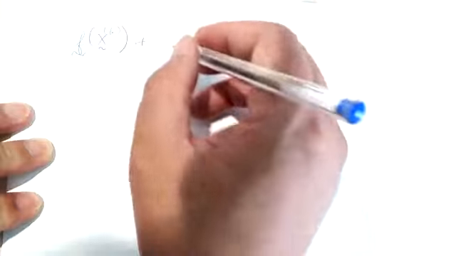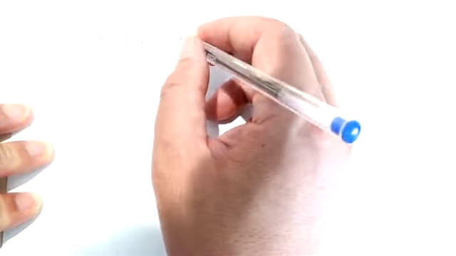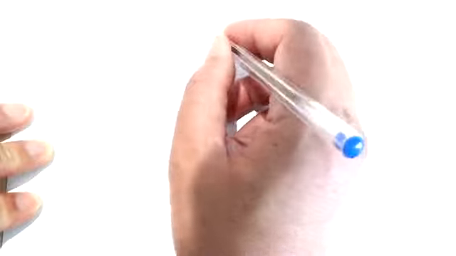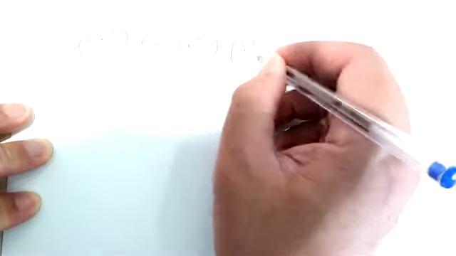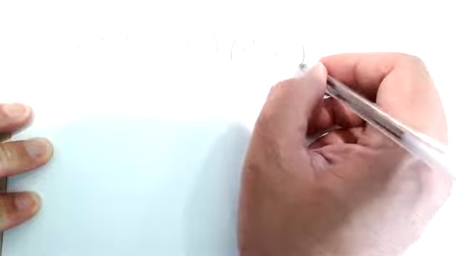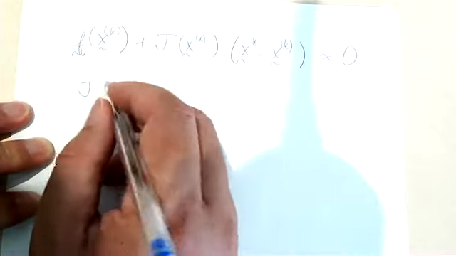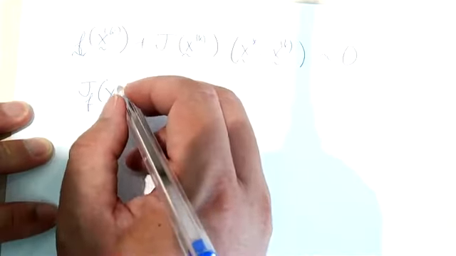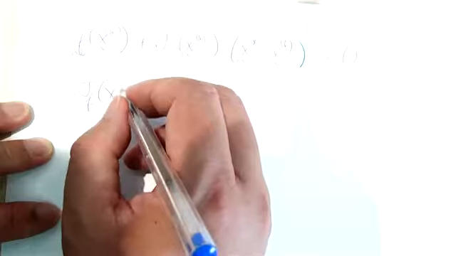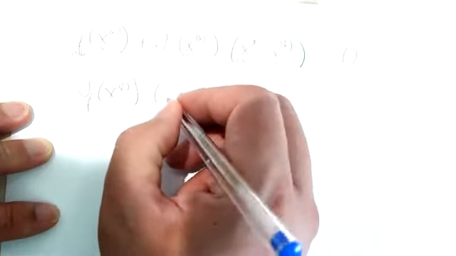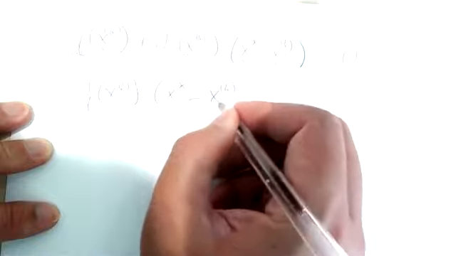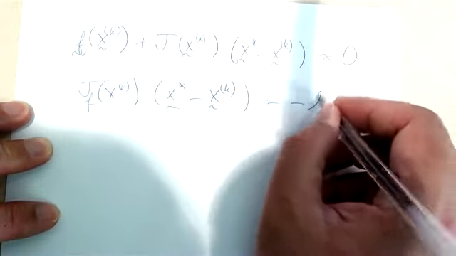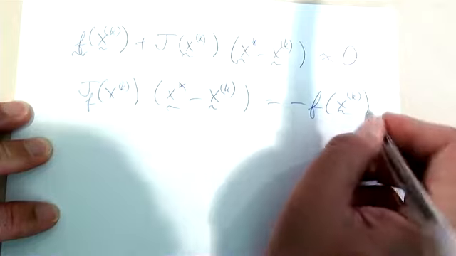So Jacobian at x to the k vector, times x star vector minus x k vector, equals 0, yeah. Then I move this one to the left. So I have Jf evaluated at xk, a matrix, multiplied by x star minus xk, equals minus f of xk vector.